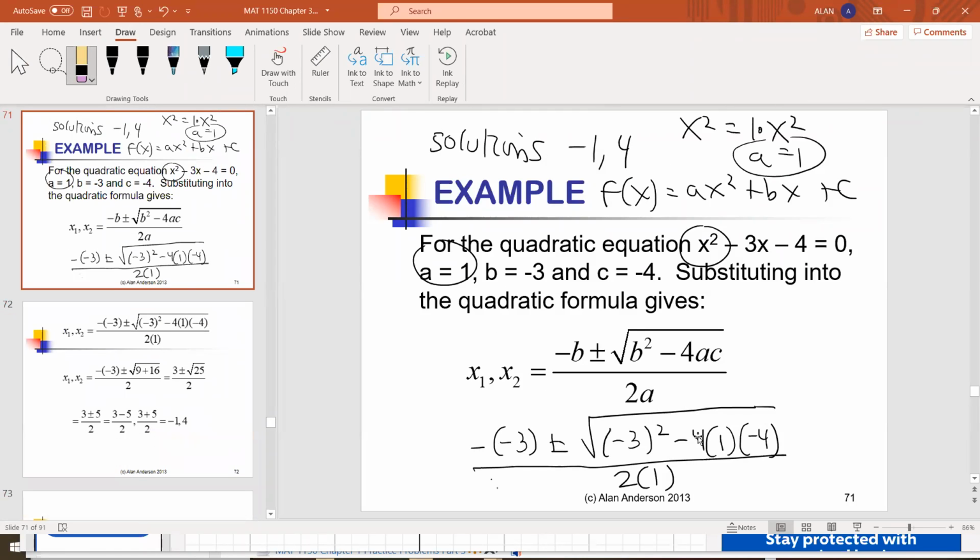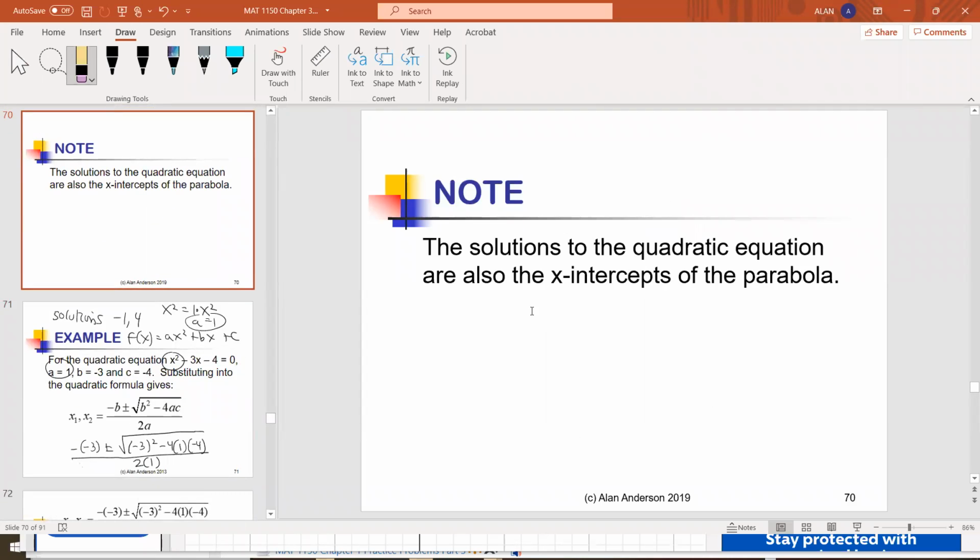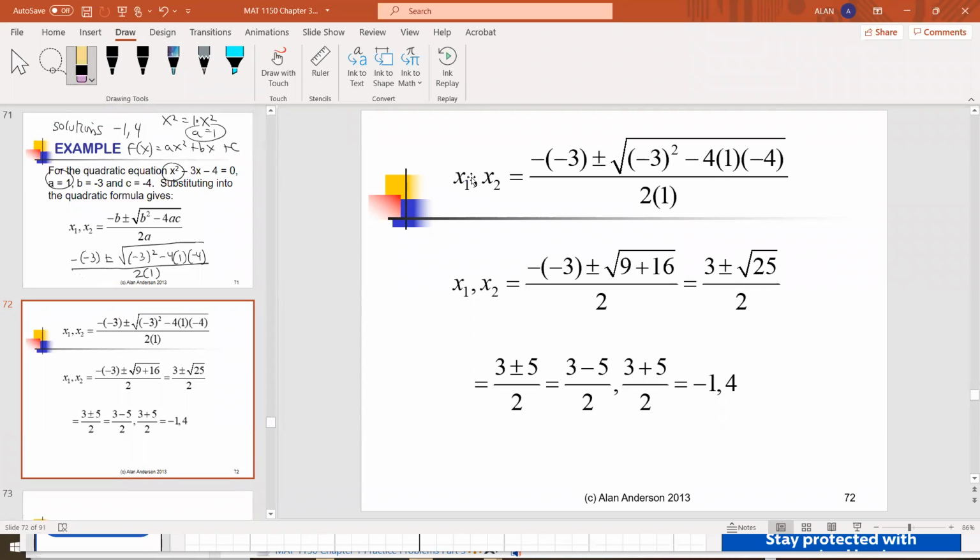Okay, so this information is right on top. I'm just moving to the next slide. This is what we just did. So now you can go through the steps and you can see, for example, this becomes +3.